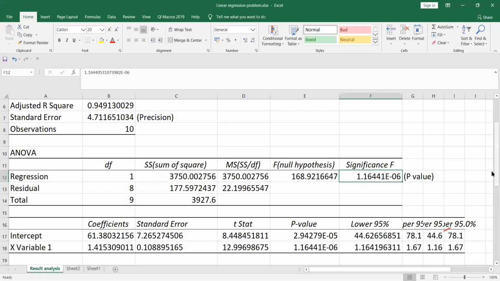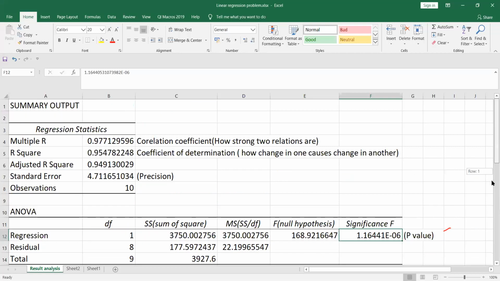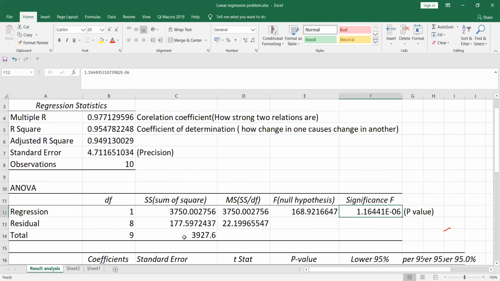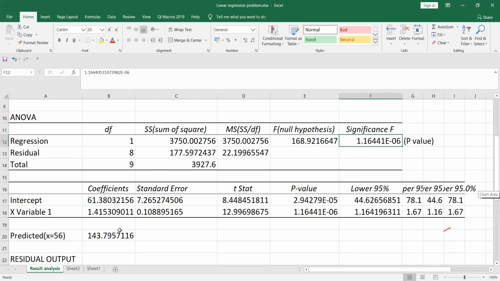It means that whatever the prediction, the best fit values are closely related to your actual values. So this is your ANOVA statistic. This is your residual, and this is the equation which we have got. This is the coefficient, this is the X variable, and this is the predicted.